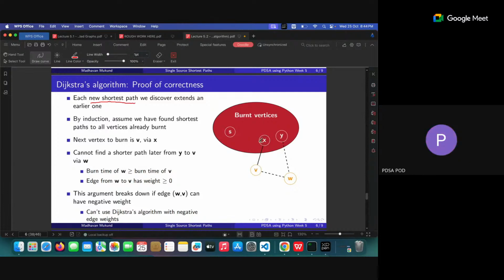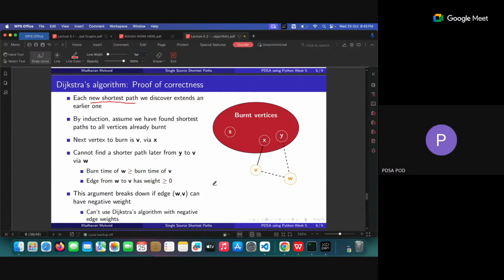By induction, assume that we found the shortest path to all vertices which are already burned. The next vertex to burn is V, that could be via X. And the next vertex to be burned, W, via Y we are actually burning.